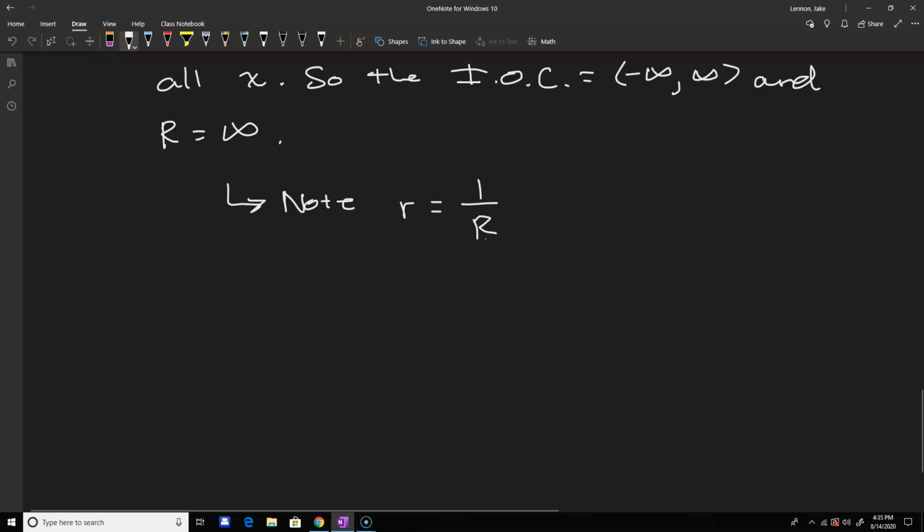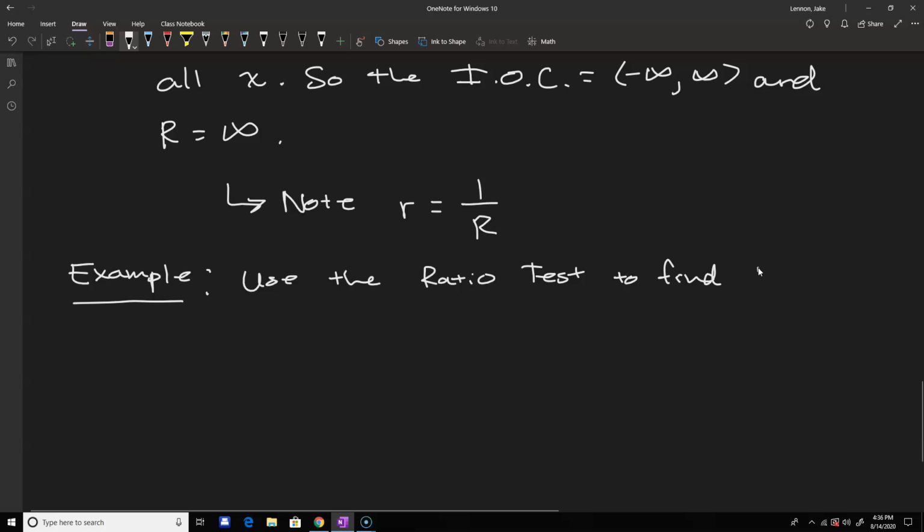So let's go ahead and try another example. Let's use the ratio test to find the interval of convergence for the series k equals 1 to infinity of x minus 2 raised to the k over the square root of k.